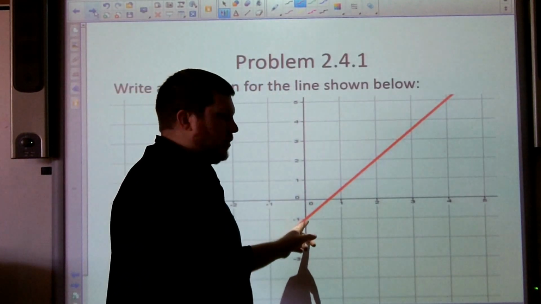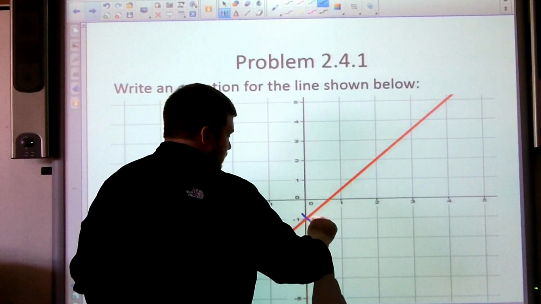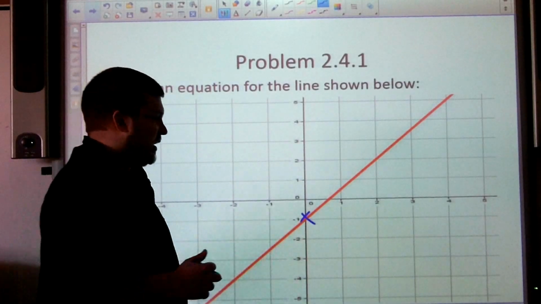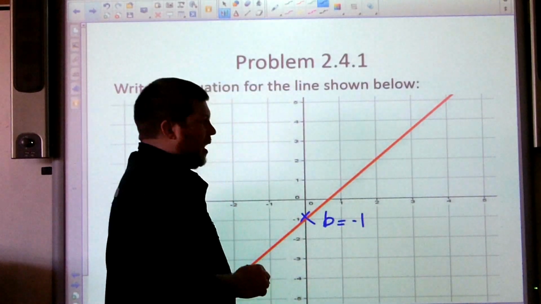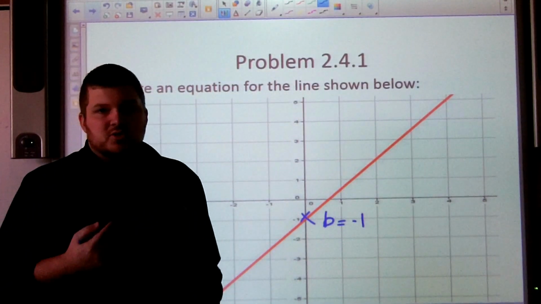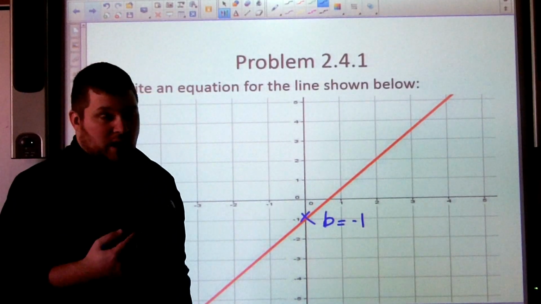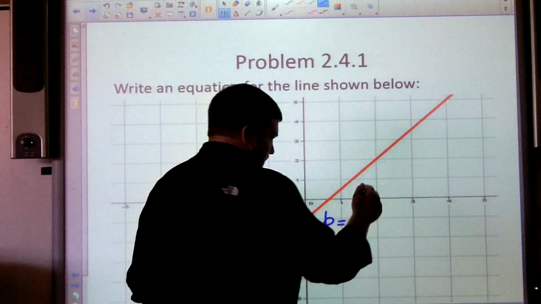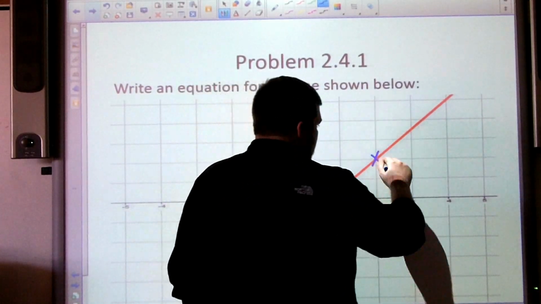I'm given the y-intercept right here at -1. The y-intercept, of course, is just where it crosses the y-axis, so I know b is equal to -1. And I can easily use the graph to find the slope. I'm going to pick a nice point on the graph, maybe this one right here. This point is 2, 2.